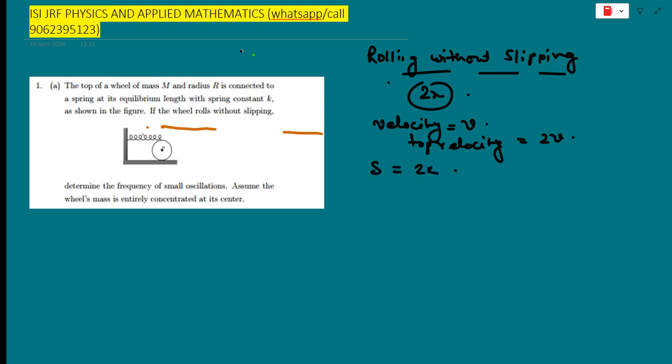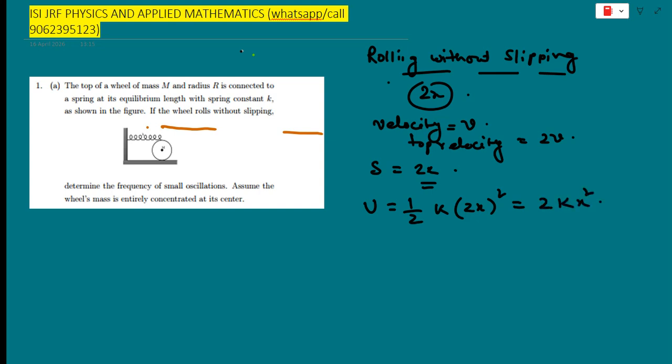Now let's use the energy method. It's cleaner than using the torques, and I'm feeling just classy today. The total energy E of the system is kinetic plus potential. The spring stretch is 2x, right? So U will be half k into 2x whole square, that is 2kx square.